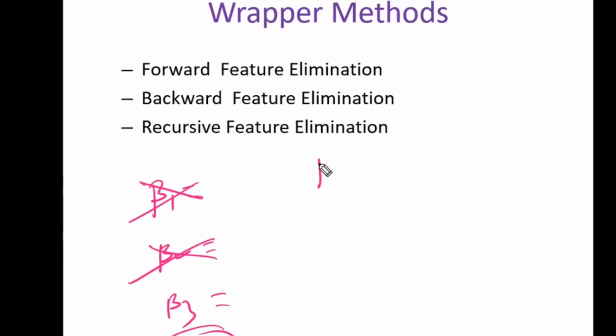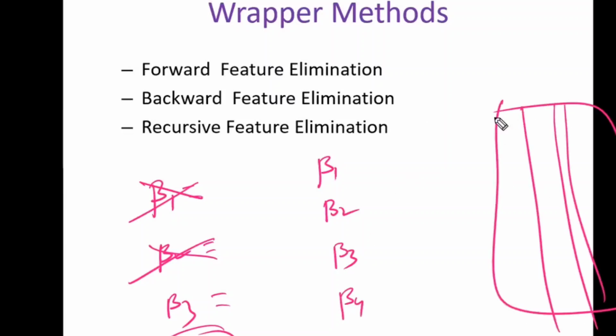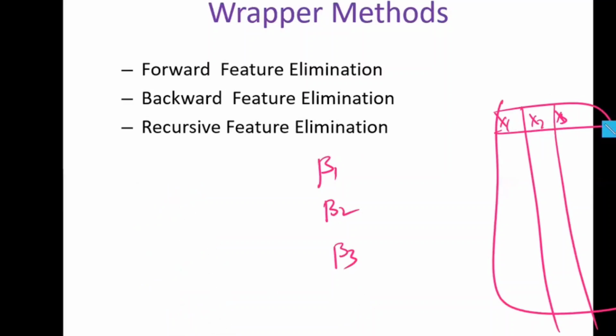For example, beta 1, beta 2, beta 3, beta 4; that is 4 variables, x1, x2, x3, x4. Or let us take a simple example of 3 variables: TV, radio, newspaper. Now out of these 3, assume beta 3 is very low. First you drop this one.